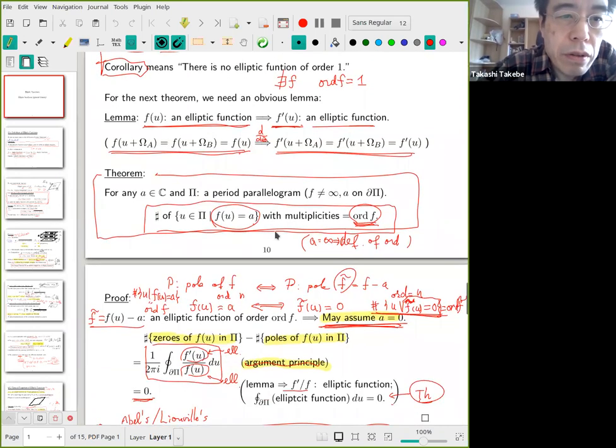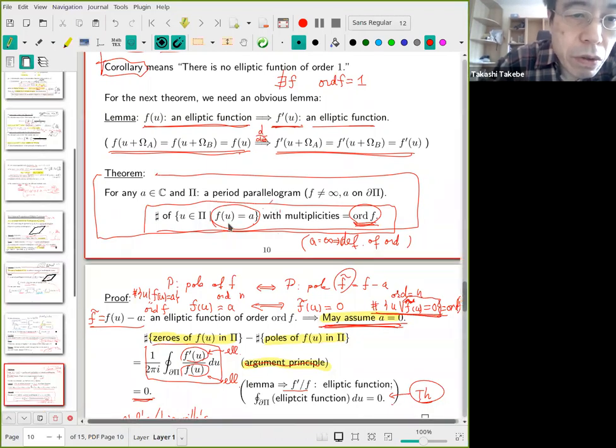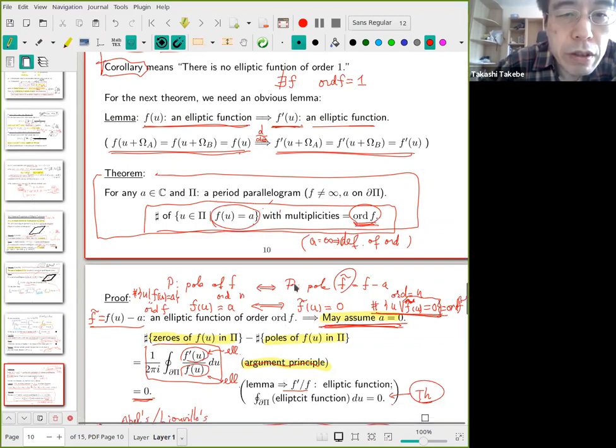The order is a very important characteristic of an elliptic function. As you see, the number of solutions of this equation in one periodic parallelogram is equal to this order.